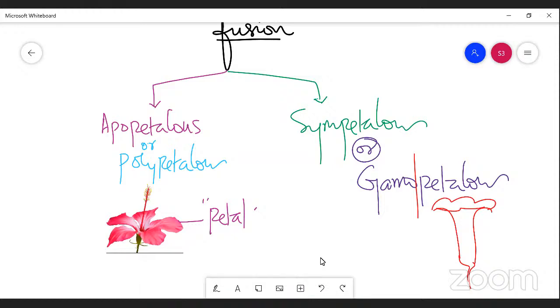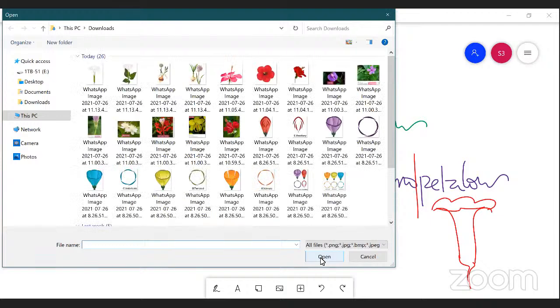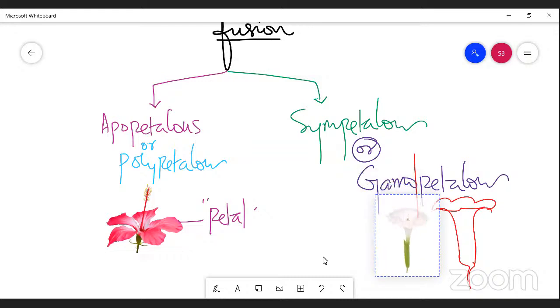Now I'm going to give an example for gamopetalous. If you take Datura metel, which is white in color, I think you have seen these flowers everywhere, my dear students.